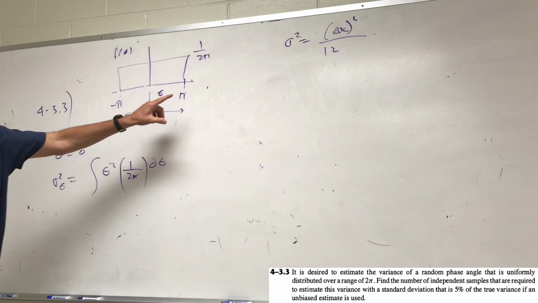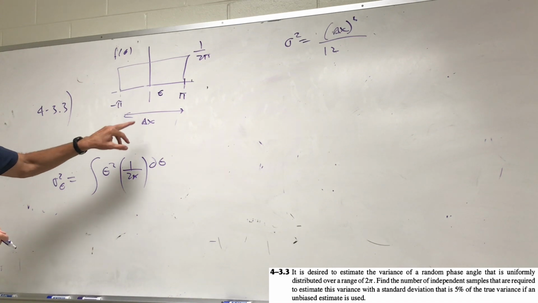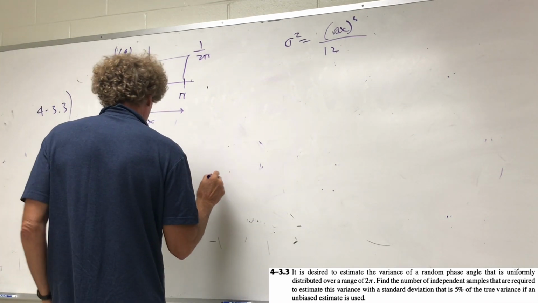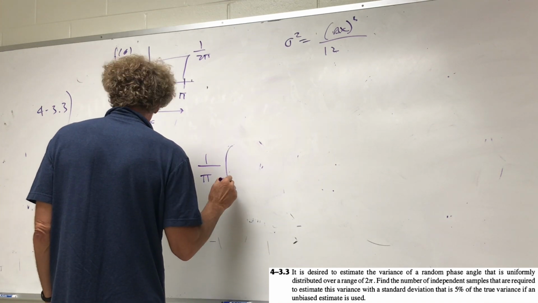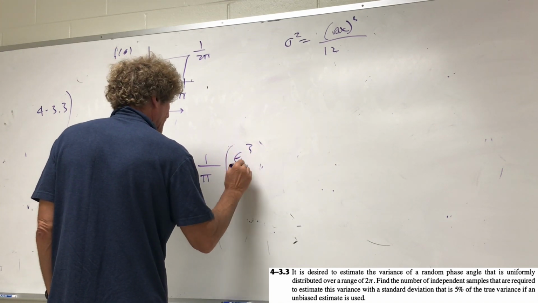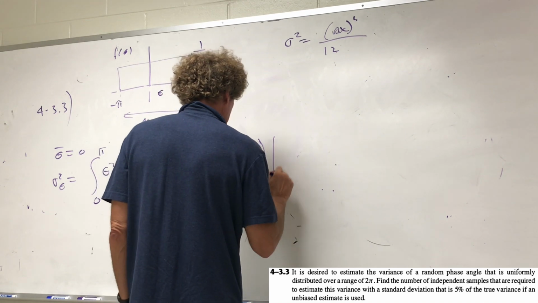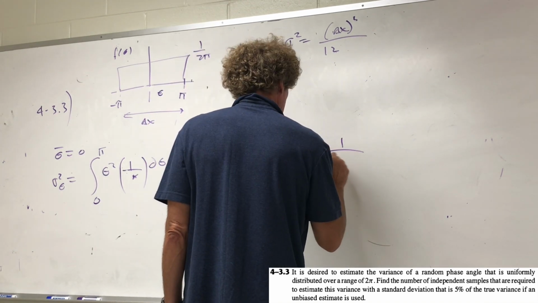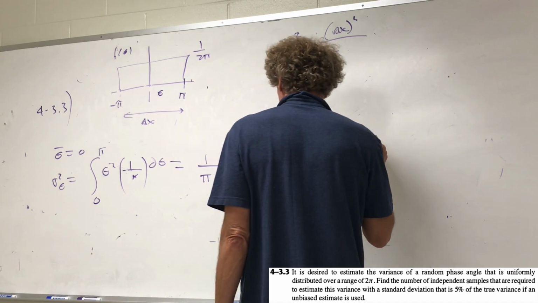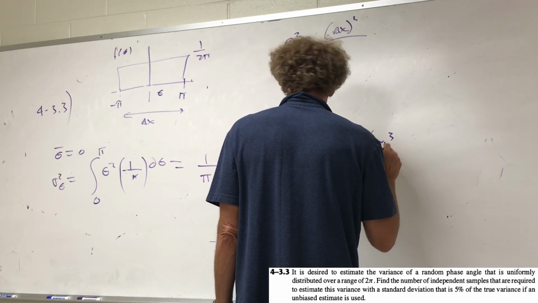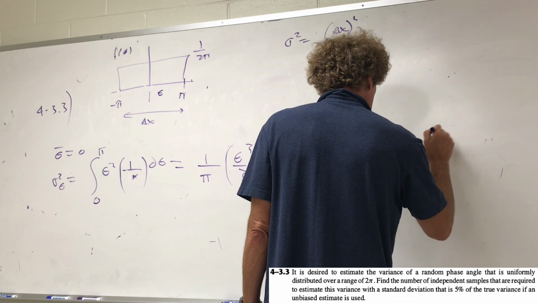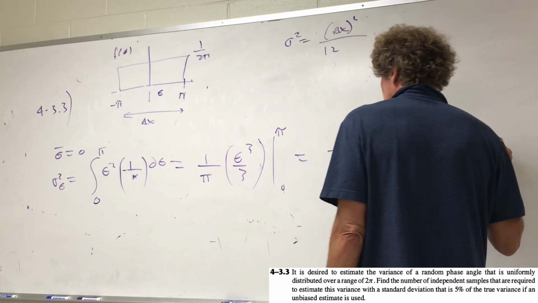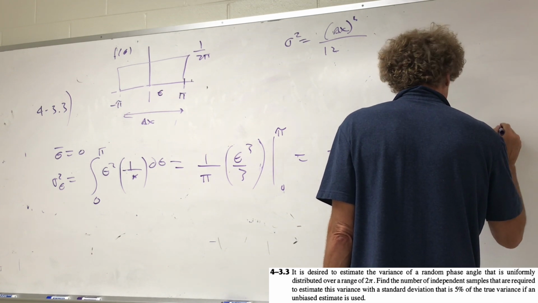From minus pi to pi, couldn't you just integrate 2 times from 0 to pi? So 2 from 0 to pi, now you're going to get 1 over pi, and then you get theta cubed over 3, evaluated from 0 to pi, and that is equal to 1 over 3 pi, and that's going to be pi cubed, so it should be pi squared over 3. And that is sigma of theta squared.